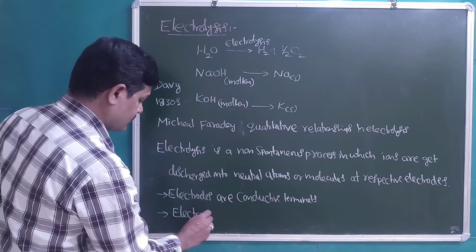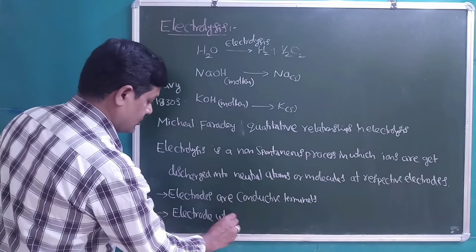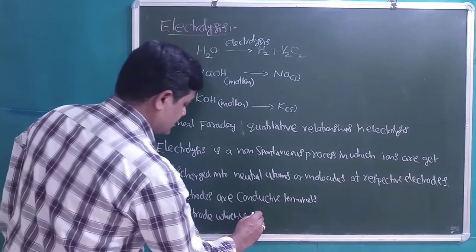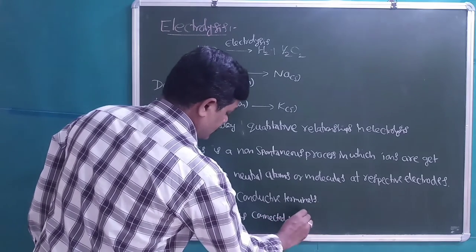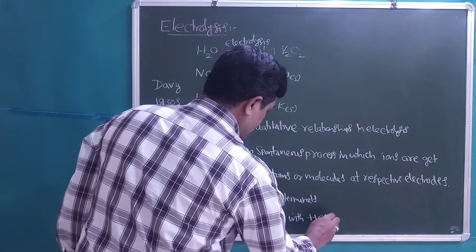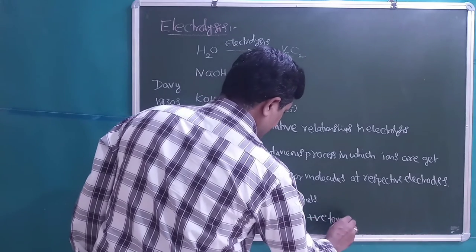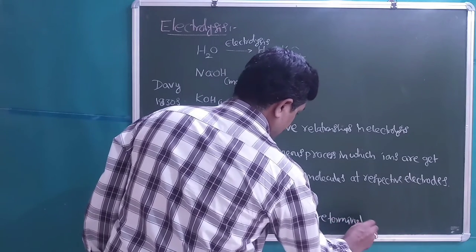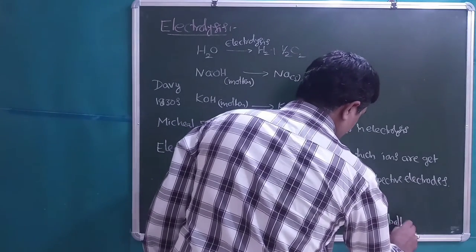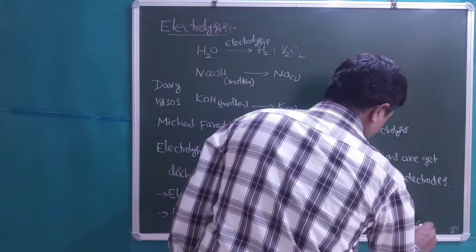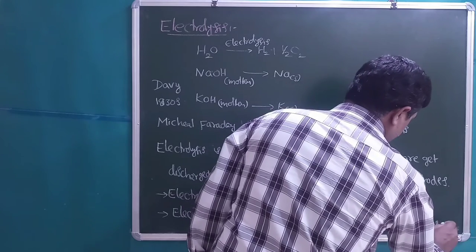The electrode which is connected with the positive terminal of the battery acts as the anode.